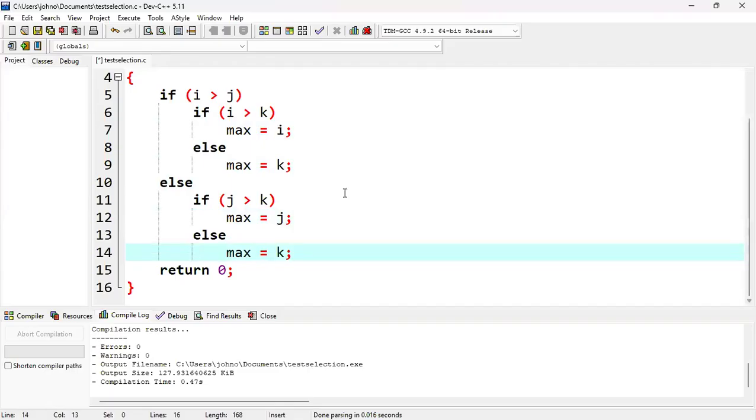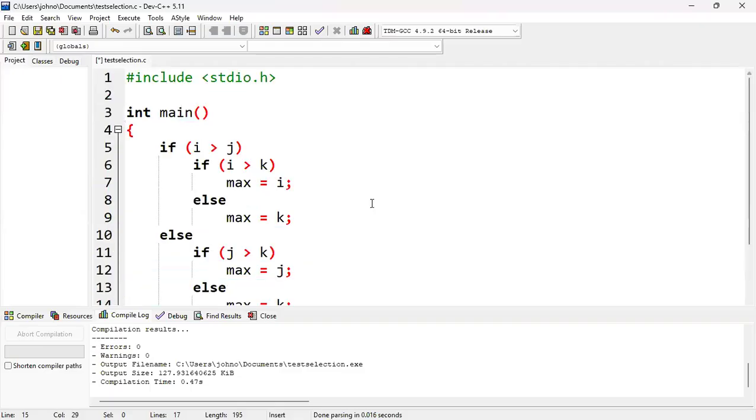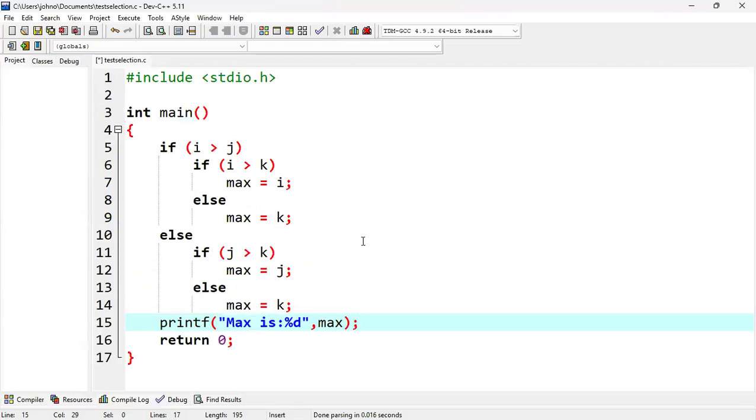Okay, so I guess you understand what is going on. Maybe down here we may like to print marks is... okay. We want to print this. So what is happening? Let's look at our code.